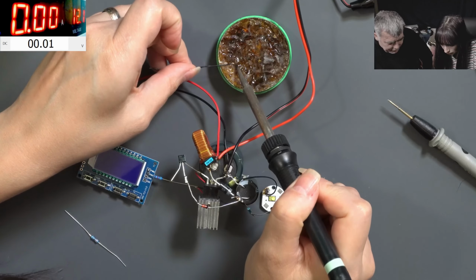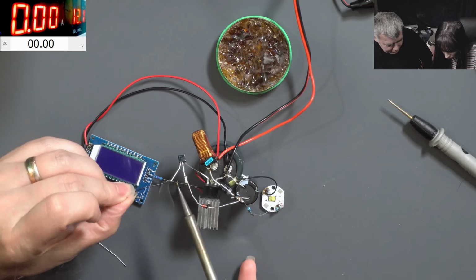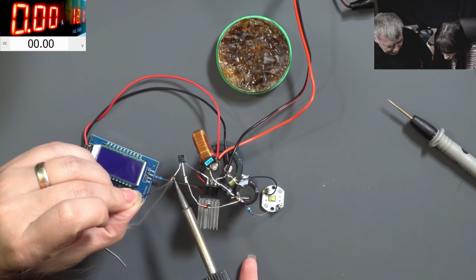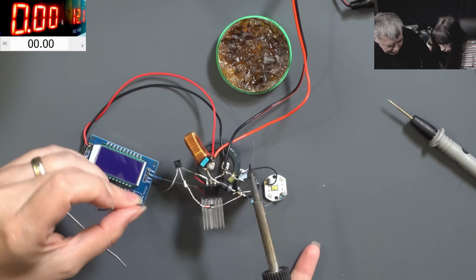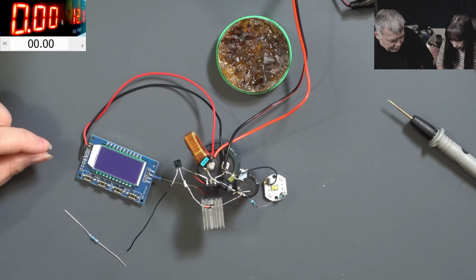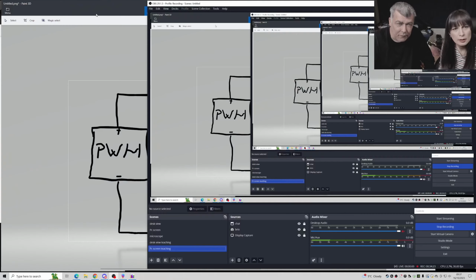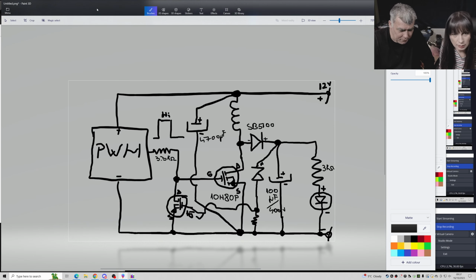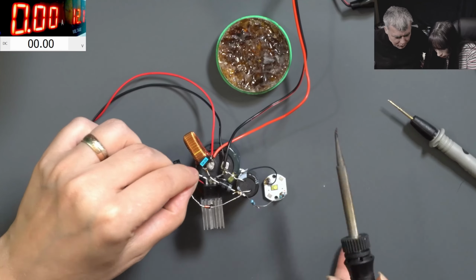So we connect this one to the... no, wait, check the schematic. That's the source. Oh, we need to connect it here, to ground. Yes.